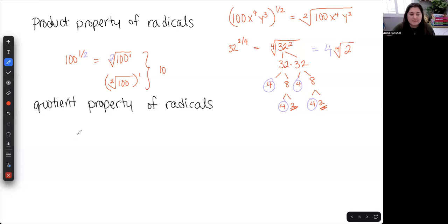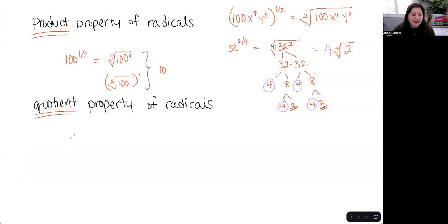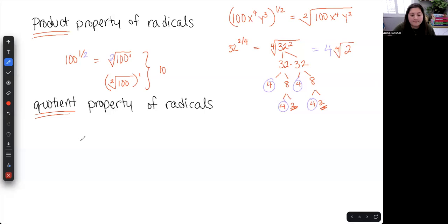Okay. Now, when I look at the quotient property of radicals, it's almost the same thing, with the exception that now instead of having multiplication, because product is multiplication, I'm going to end up with a quotient. And so let's say I have, for example, 80 over 5. And each one of these has the fourth root, right?